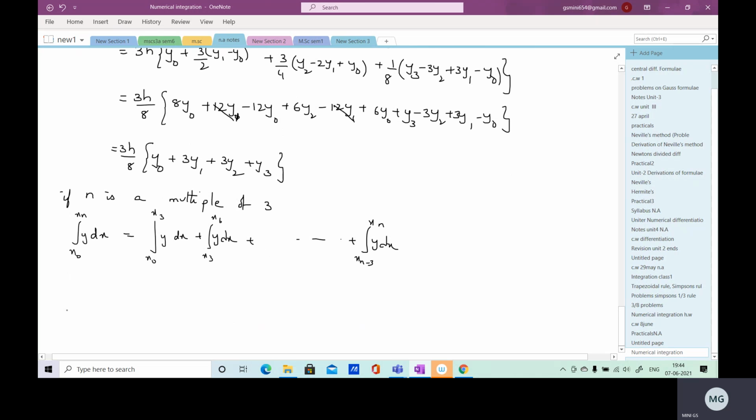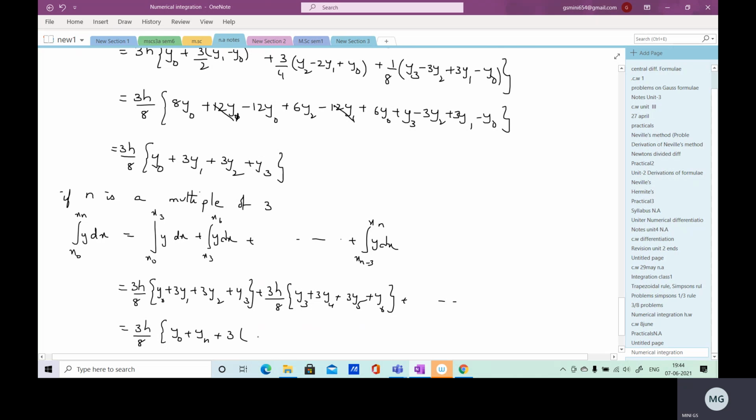So very carefully let's put down our values here. This is 3h by 8 into y0 plus 3y1 plus 3y2 plus y3. Next term will be 3h by 8 into y3 plus 3y4 plus 3y5 plus y6. Continue it like that. If you take 3h by 8 common, the first and last term will come once.